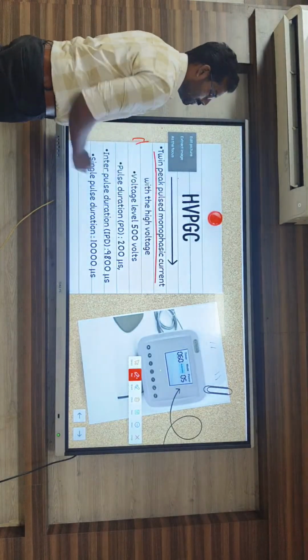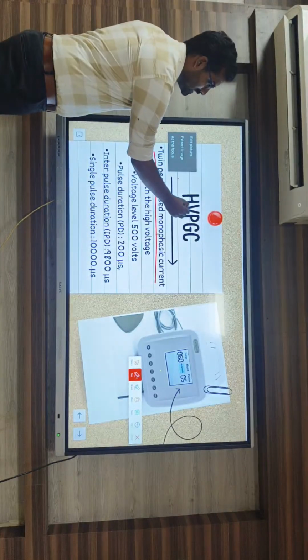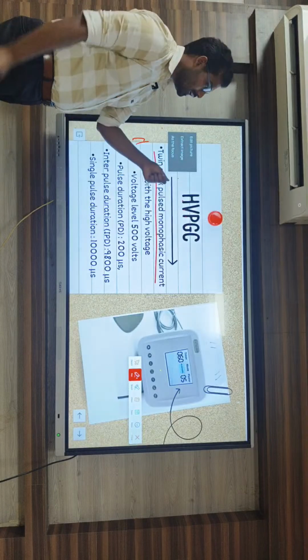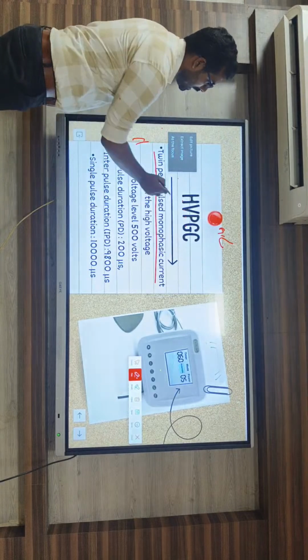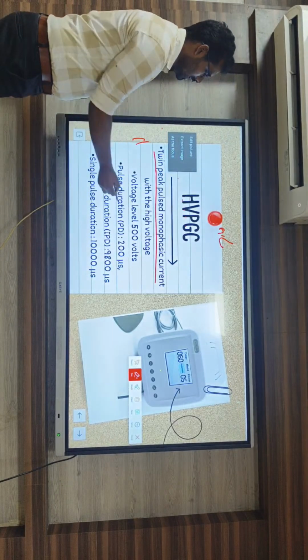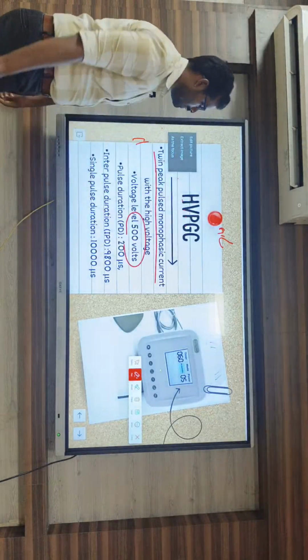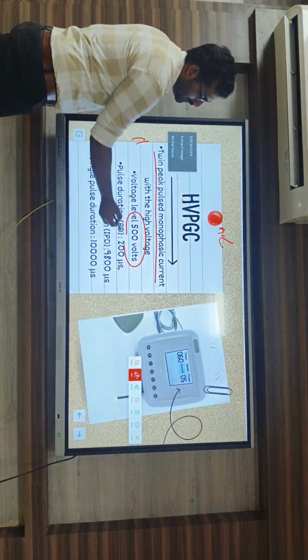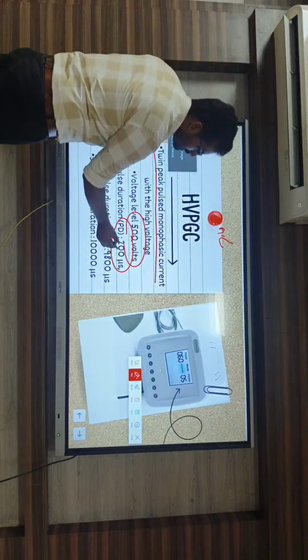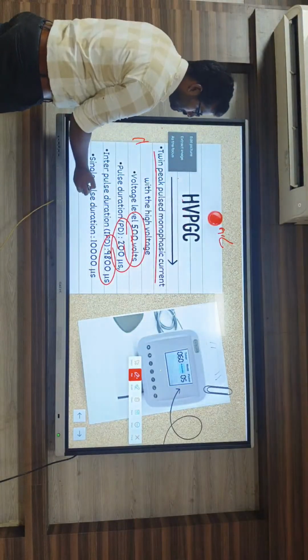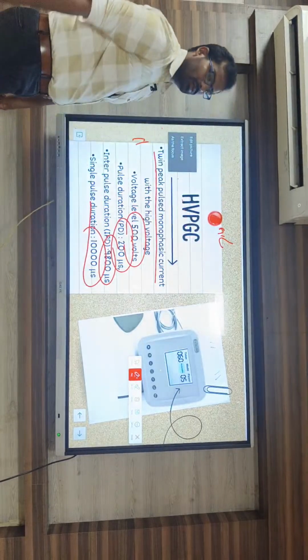The name itself says it. This is one of the branches that comes from the galvanic current. The voltage limit is up to 500 volts. The pulse duration is 200 µs, the interpulse duration is 9800 µs, and a single pulse duration totals 10,000 µs.